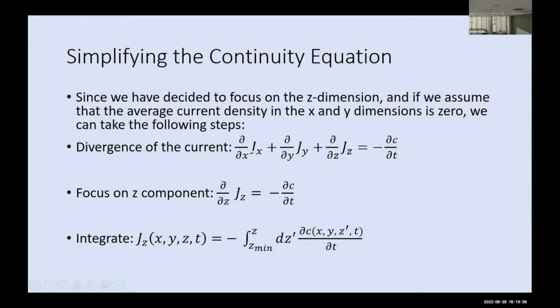For this to be true, assuming that Jx only depends on X, Jy only depends on Y. Do you have a motion of charge in the Y and X direction, or is it only in Z? I guess since there's molecular dynamics going on, it's possible that there's X and Y motion, but maybe it averages out, so it's negligible.